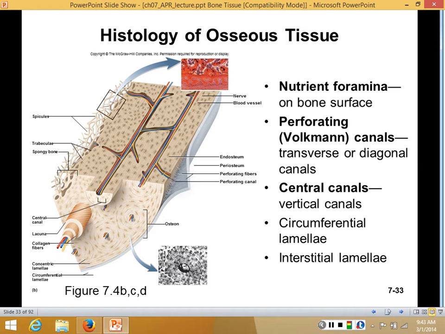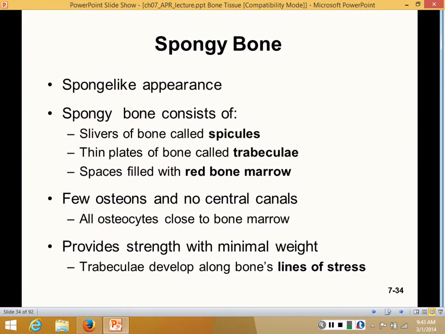Spongy bone. Don't have a lot about your spongy bone. Slivers of bone are called spicules. At the beginning of chapter 7, they had that nice picture, that first page of spongy bone. Those little slivers that you saw, those are called spicules. Then plates of bone are called what? The trabeculae.